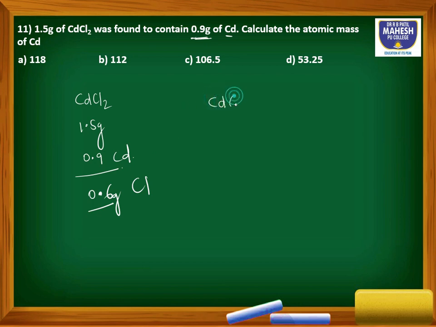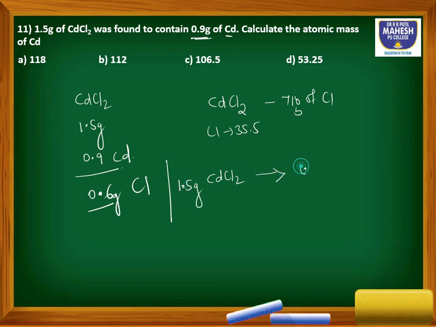See, in the cadmium chloride we have 71 gram of chlorine. How? 1 chlorine means 35.5, 2 chlorine atoms are there, hence that is equal to 71 gram. Okay, let us use this concept. 1.5 gram cadmium chloride possesses 0.6 gram of chlorine.